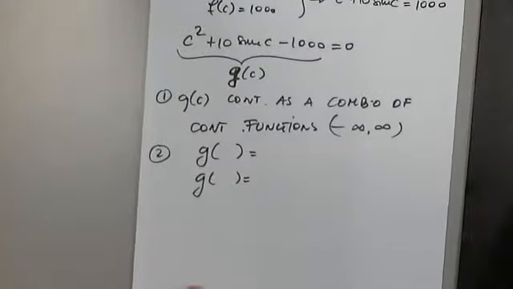I haven't found those yet. So I go to the graphing calculator, and in y equals, punch in x squared plus 10 sine x, close the parenthesis, minus 1,000, and go to second and table.